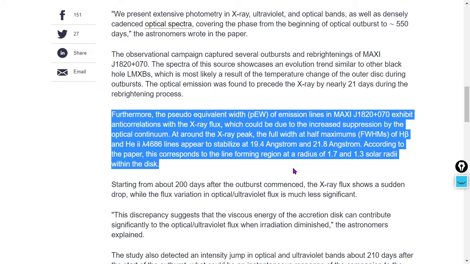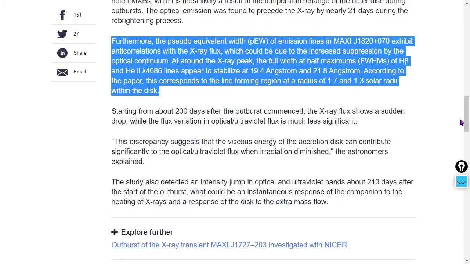The full width at half maximums of hydrogen and helium lines appear to stabilize at the 19.4 and 21.8 angstrom wavelength. So according to this paper, it corresponds to the line-forming region at a radius of 1.7 and 1.3 solar radii within the disk. So that's sort of a sweet spot within the toroid.